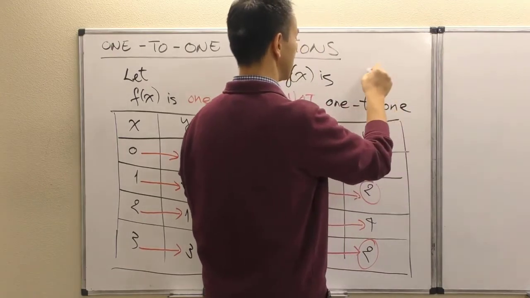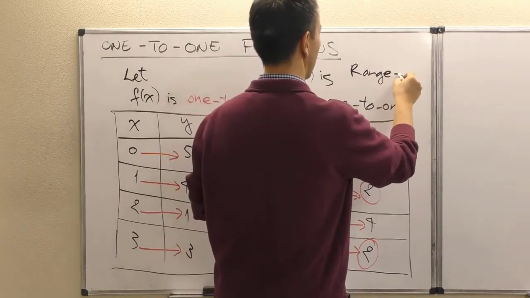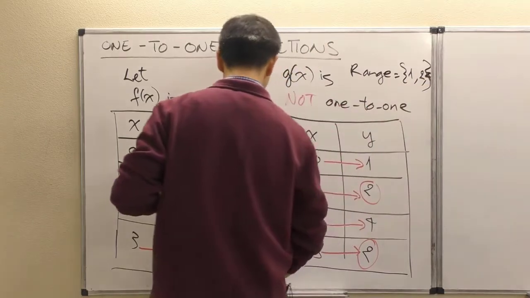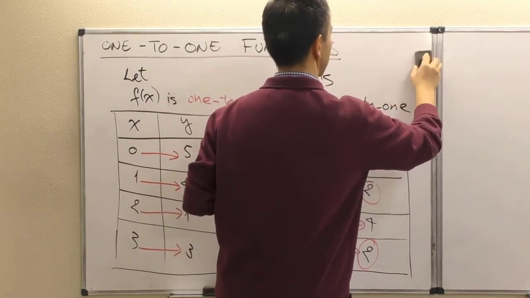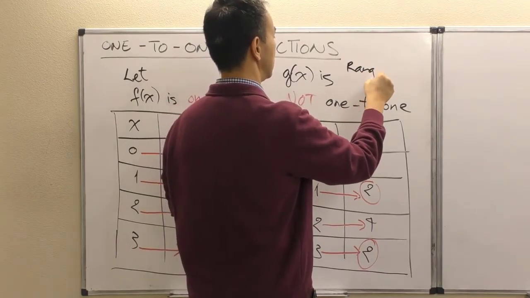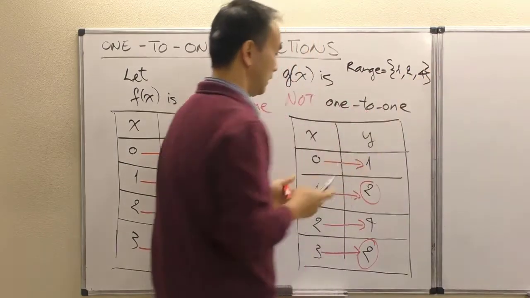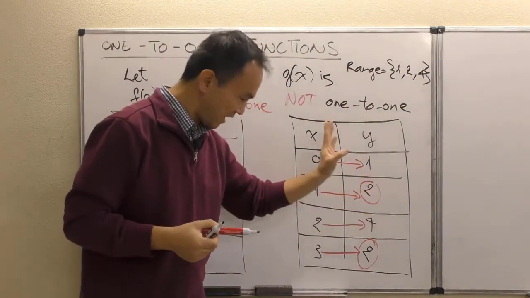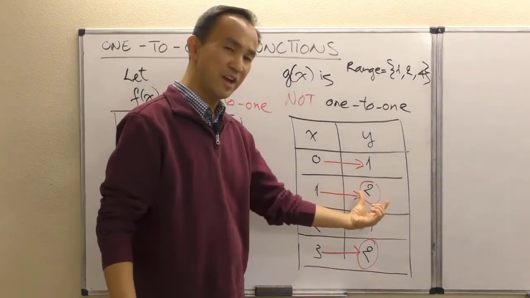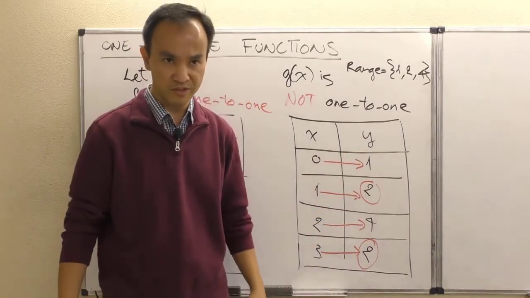And clearly the range for this is 1, 2, and 4. Only those values. So we had repeats, or another way of saying it, we got repeated output values in the way this table is constructed.